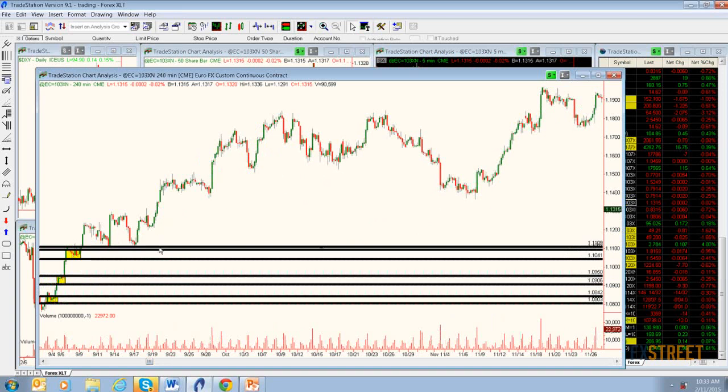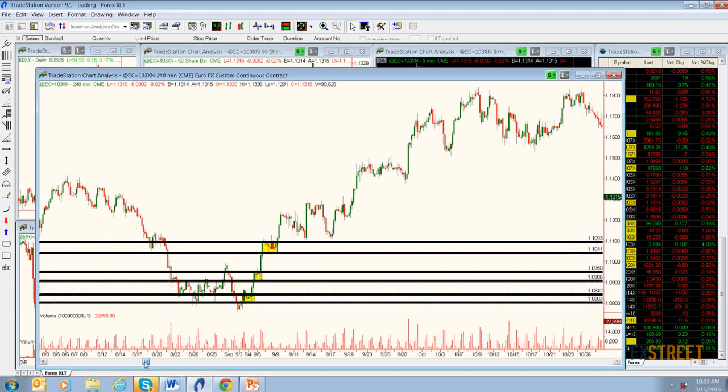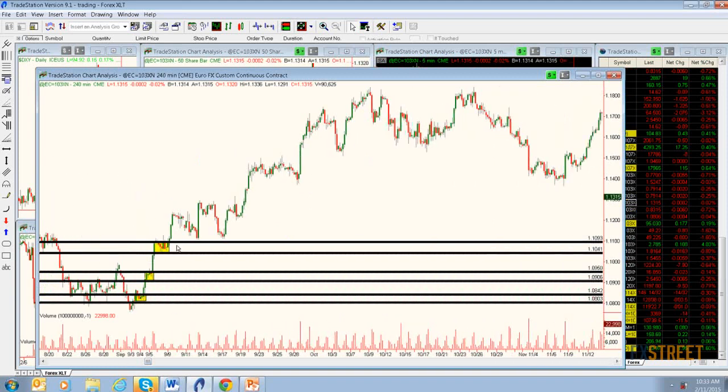So there's that level. So we did put these in. Remember, we went over these levels last time we were together. Almost got down to this guy right here. So remember these price points. You can see them over here. These are key demand zones below current price in the euro. And we actually got very close to this one.